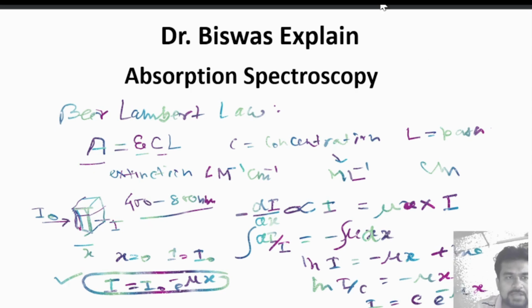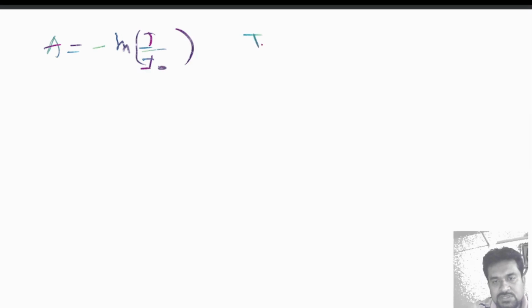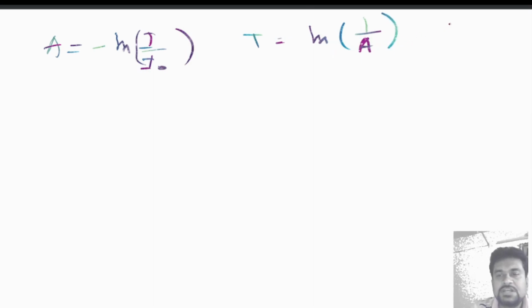Now, the absorption, which we generally measure using our spectrometer, is simply minus ln of I by I0, and the transmission is simply ln of 1 by A, and it is actually the percentage transmission.